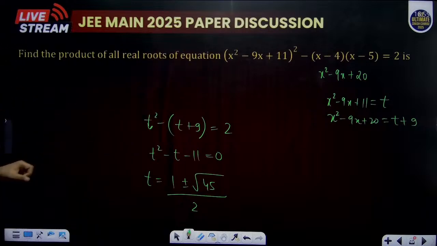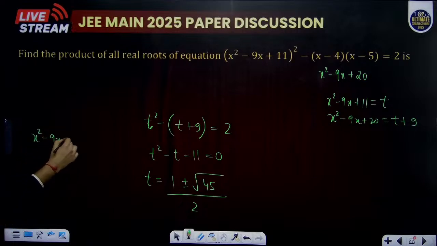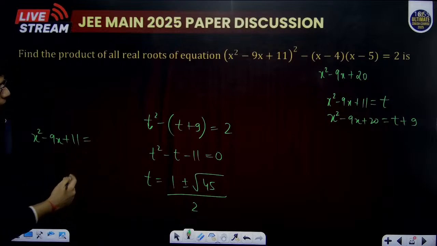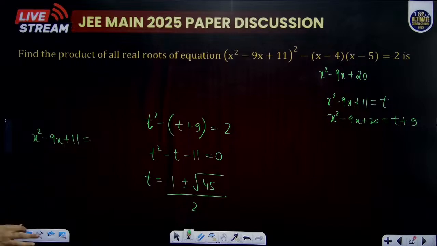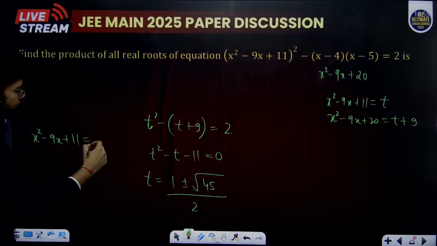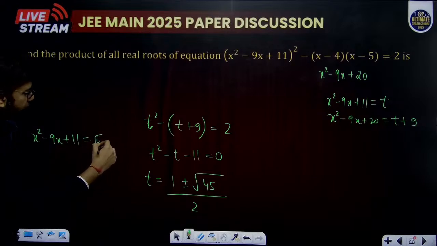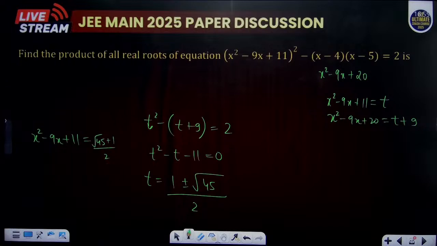That x square minus 9x plus 11 is equal to t, which is 1 plus root 45 upon 2. First time, equating with the positive root. So your positive root will become root 45 plus 1 upon 2. This is what you are obtaining.